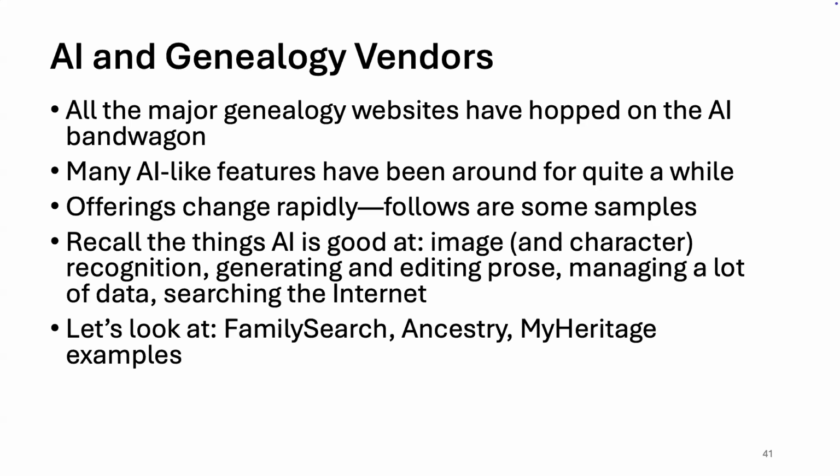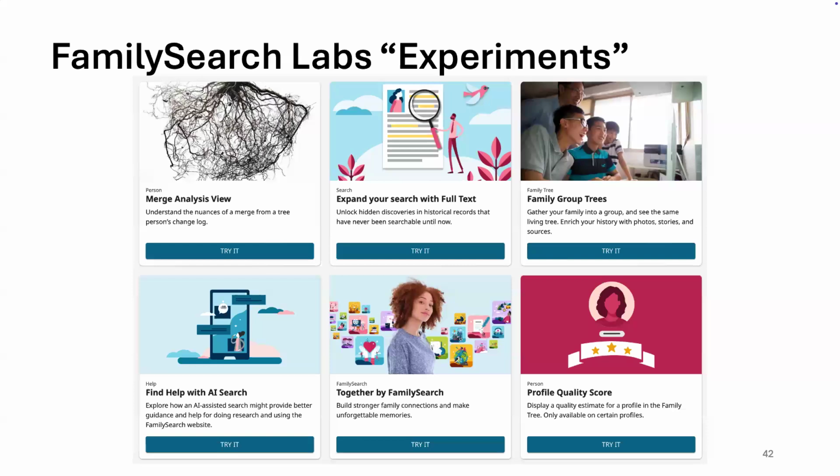So remember the things that AI is good at, which is image manipulation, generating, editing copy, and searching the internet, that sort of thing. So we're going to look at FamilySearch, Ancestry, and MyHeritage. FamilySearch, I think this is the coolest one, I have to tell you.